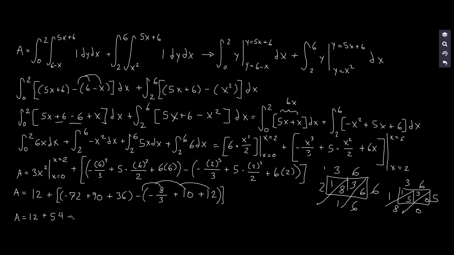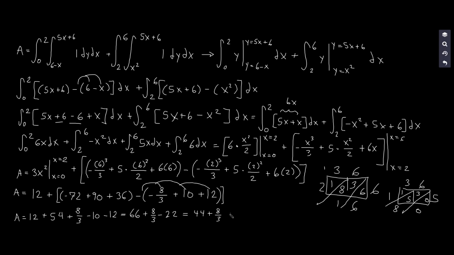This is going to be plus 8 over 3 minus 10 minus 12. This is going to equal 12 plus 54, which is 66. So 66 plus 8 over 3 minus 22. Minus 22 equals 44 plus 8 over 3.